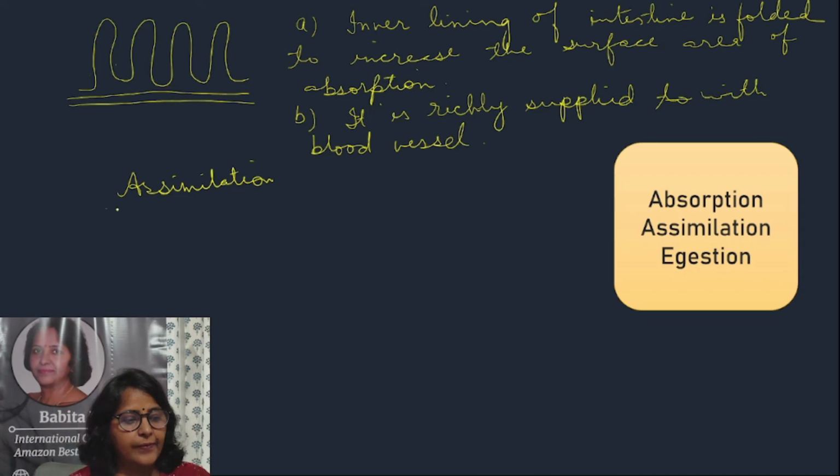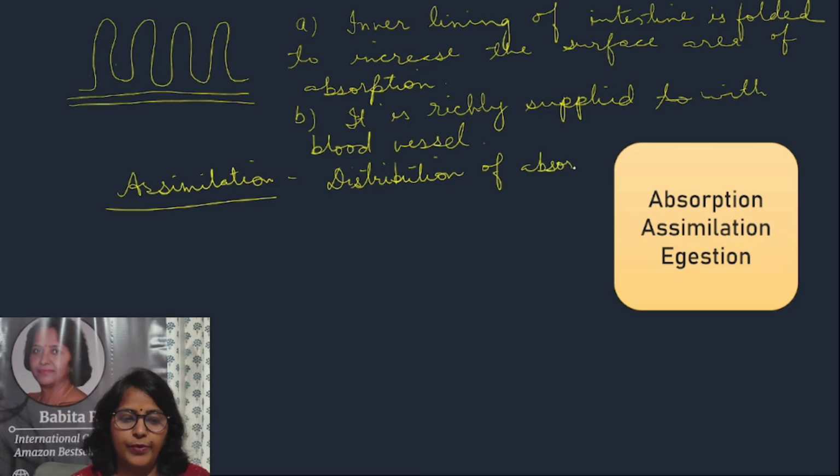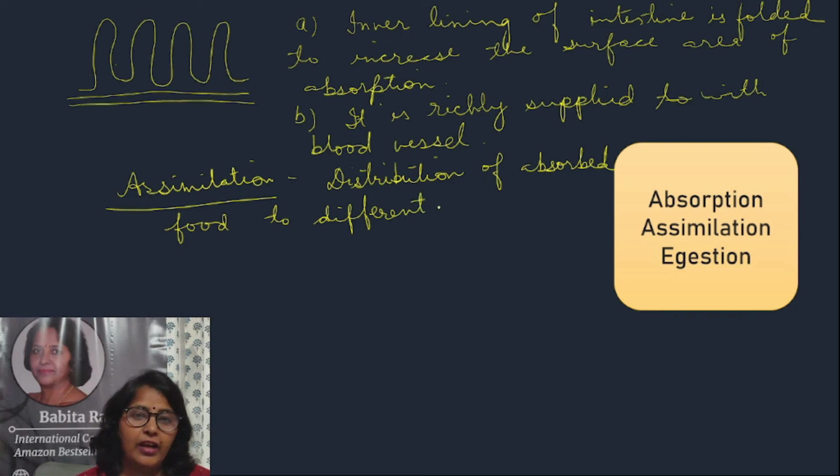Assimilation is distribution of absorbed food to different parts of the body. How is it distributed? With the help of blood, depending upon the requirement of the body.